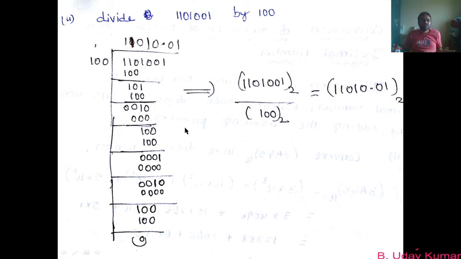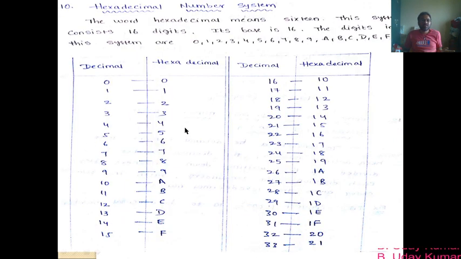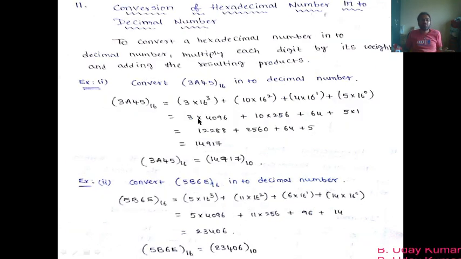Okay, so that's it. Anyway, I will stop here. In our next video lessons, we try to understand what the hexadecimal number system is, and how we convert a hexadecimal number into a decimal number. Also in our next video we try to convert hexadecimal number into binary number and binary number into hexadecimal.